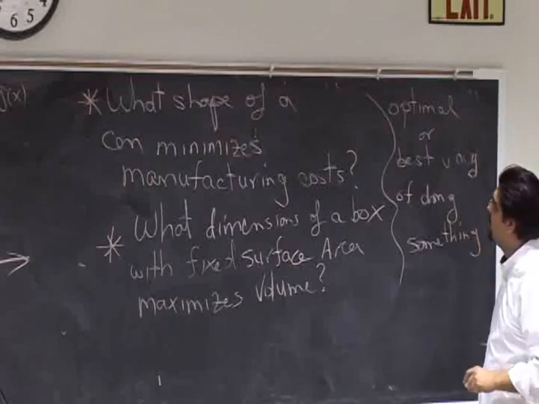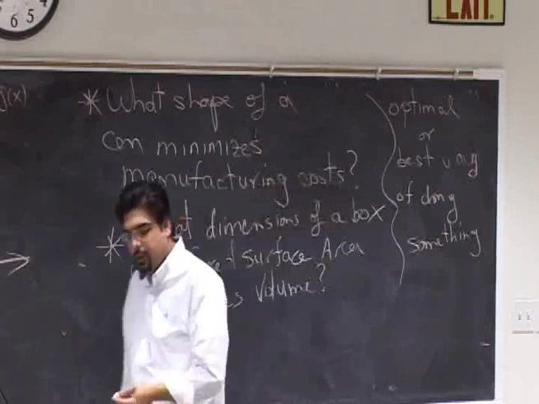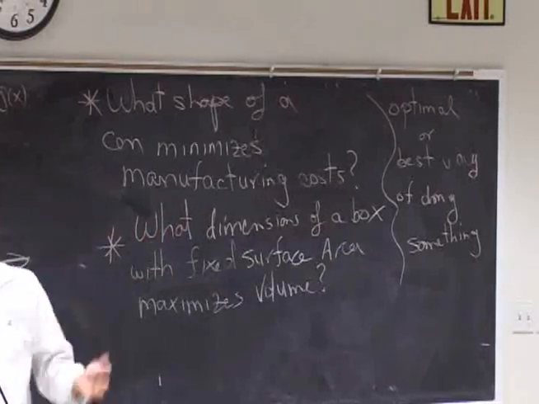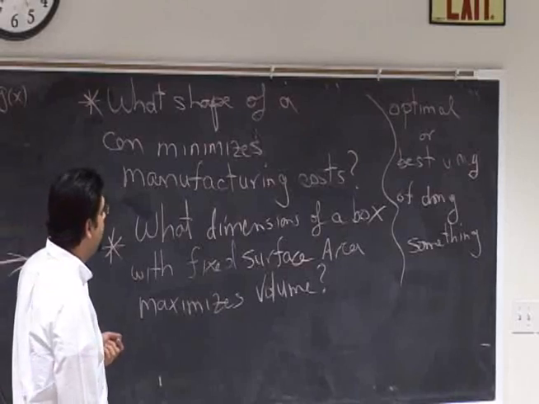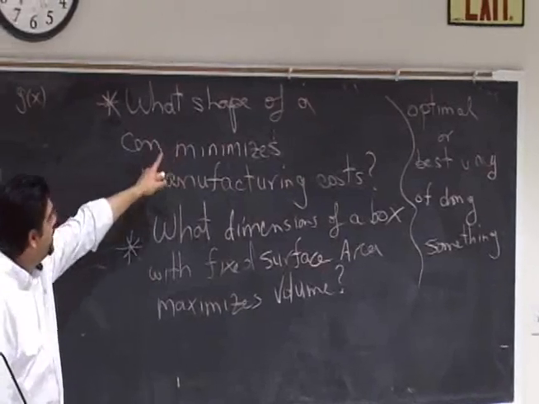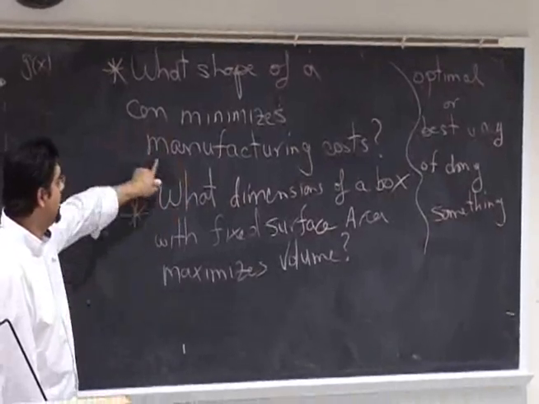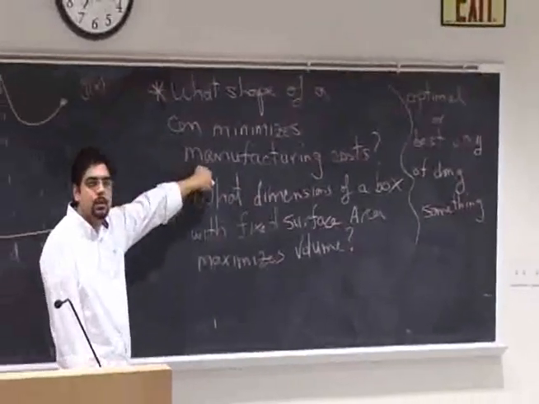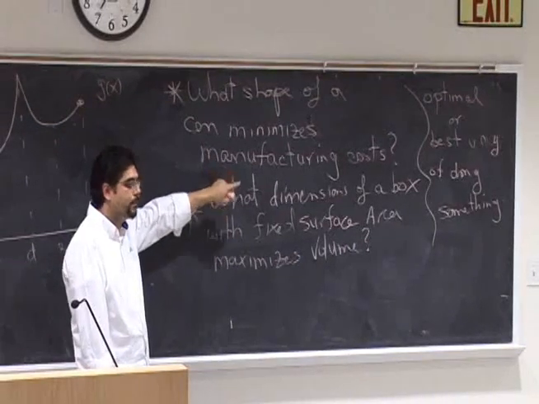And in asking those questions, what usually boils down to is, what is the maximum of some quantity? What is the minimum of some quantity? So in other words, if I want to find the shape that minimizes the manufacturing costs, I could try to model the manufacturing cost as a function and try to find the minimum of that function.